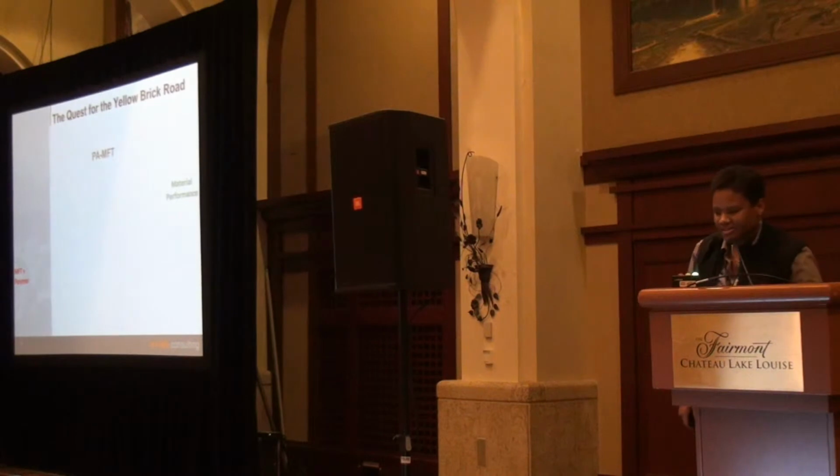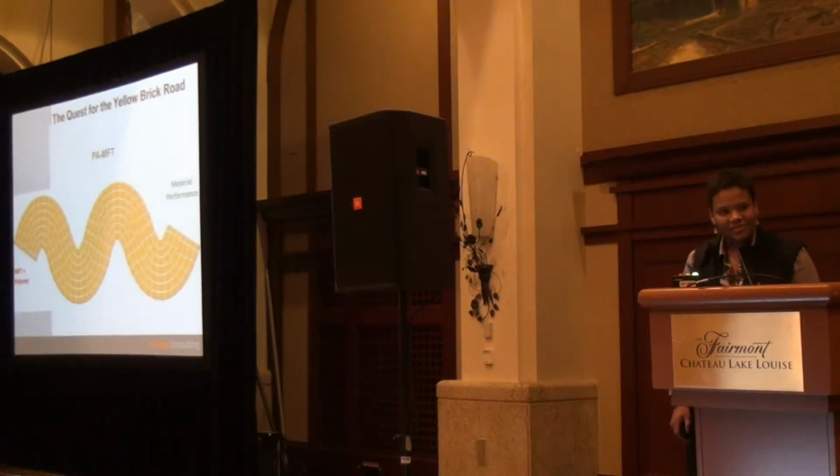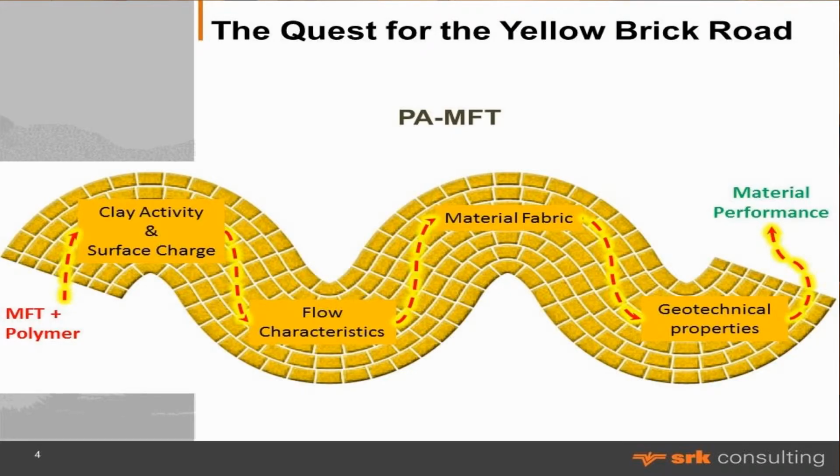The other thing that got this started, and you heard Andrea mention this, is the question of how we get from complex input materials to evaluation of ultimate performance. While industry spends a lot of time thinking about silver bullets, I like to think in terms of a yellow brick road. Like Dorothy, I start off along this road and imagine what it might be if I asked enough questions of people who saw this problem in ways very different from me.